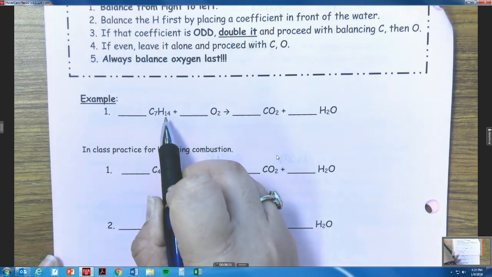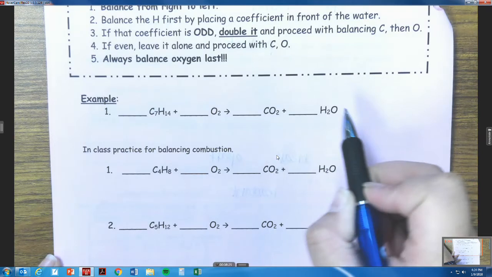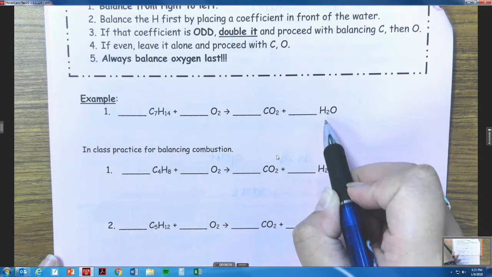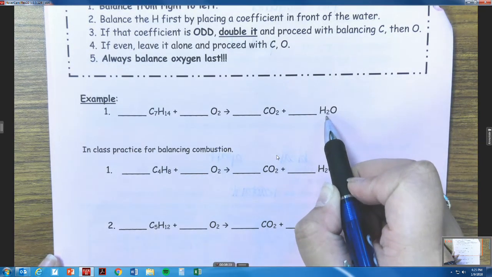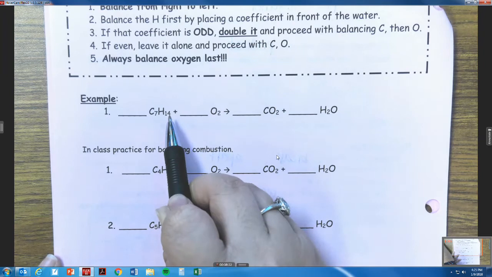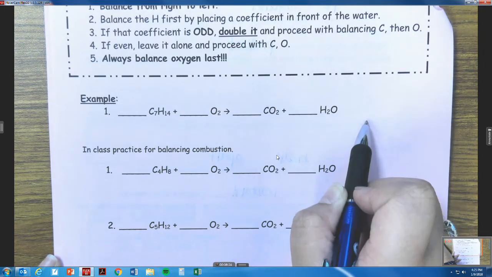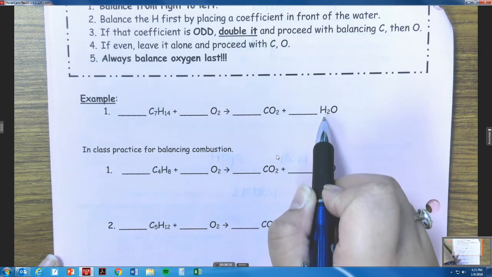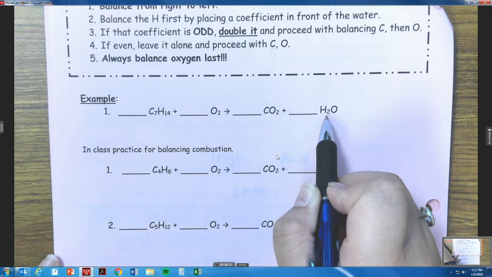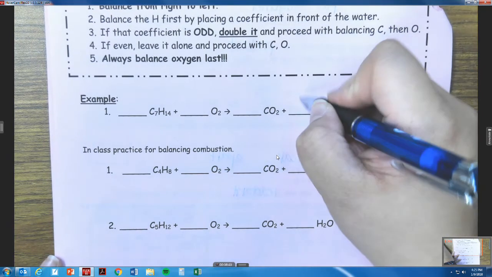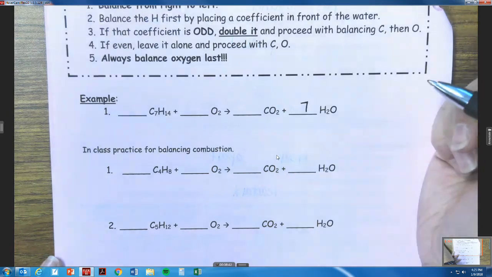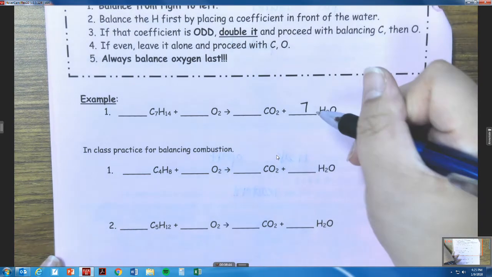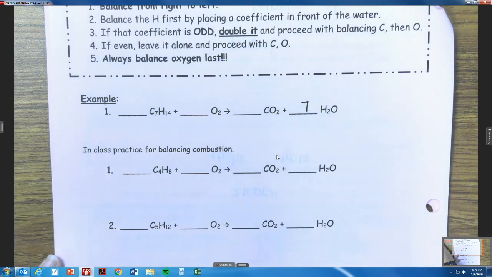We have 14 hydrogens on our reactant side, and we have 2 hydrogens on our product side. If this is 14 and this is only 2, what do we have to multiply 2 by to equal 14? That would be 7. So 7 times 2 is 14, and this is also 14.